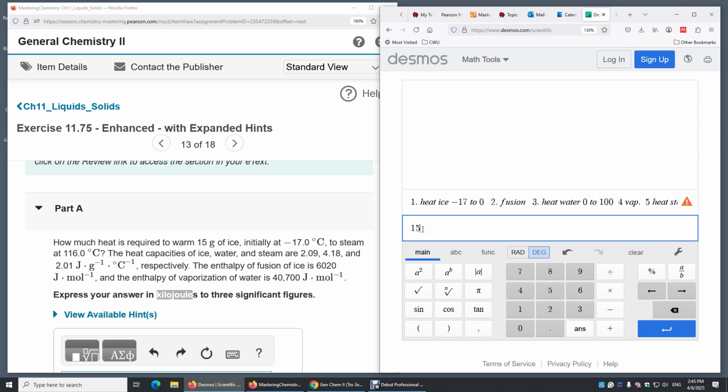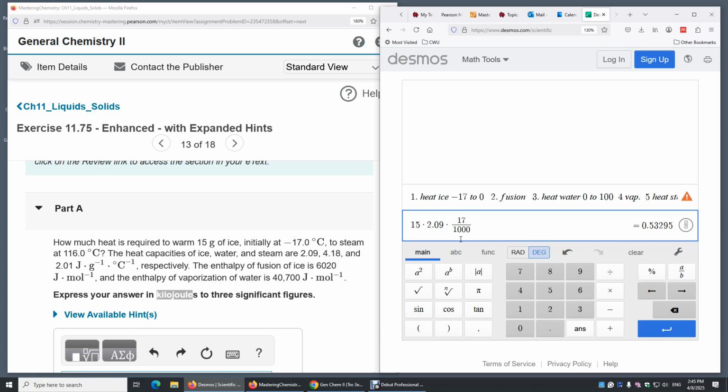It's going to be 15, the mass, times the specific heat capacity of ice, and then times the temperature change. I'm just going to have 17 here, because you can see the temperature change is from negative 17 to 0, final minus initial, and then divided by 1000, so that we'll have the value in kilojoules instead of joules.